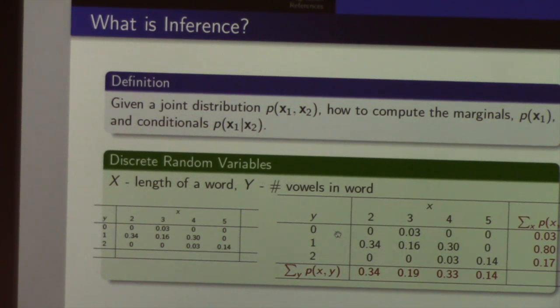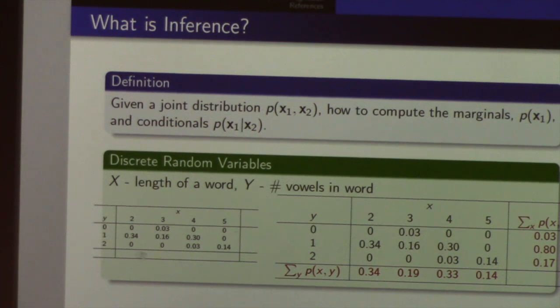What happens later on, and we'll see other aspects of machine learning now, is that most often x and y are not discrete, but continuous. Which means it's not possible to express the joint probability distribution as a table, because if x and y were continuous, then x could take infinite values, and y could take infinite values.